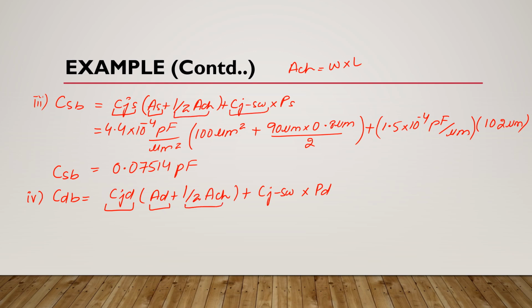This term is also fixed, and here the values of source and drain perimeters are also same. It means here the value of drain to bulk capacitance will be 0.07514 picofarad. Okay, so these are the values of capacitances in triode region of field effect transistor here.